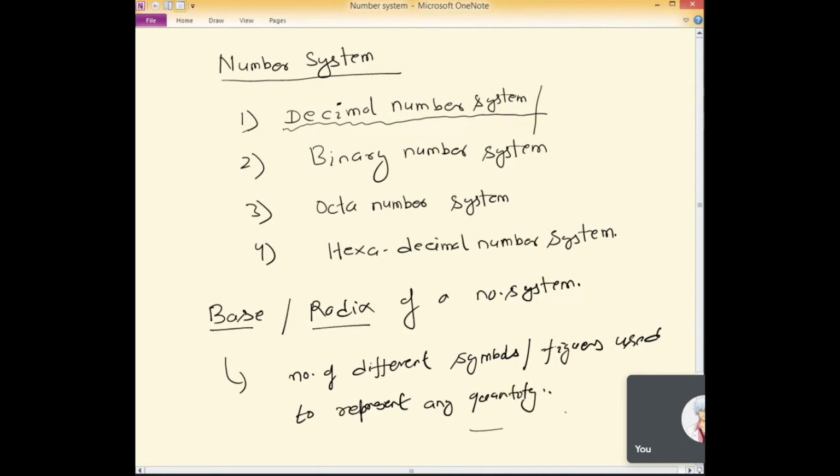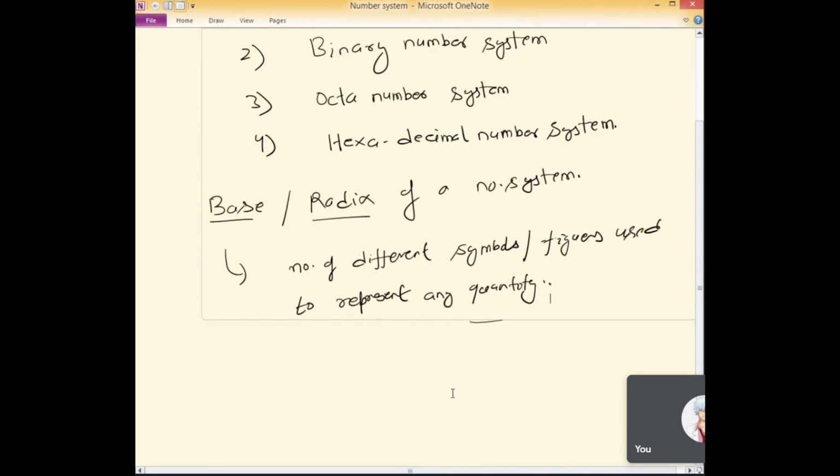In the decimal number system, we use these symbols to represent any quantity. We use only this set of symbols, or any combination of them: 0, 1, 2, 3, 4, 5, 6, 7, 8, and 9.